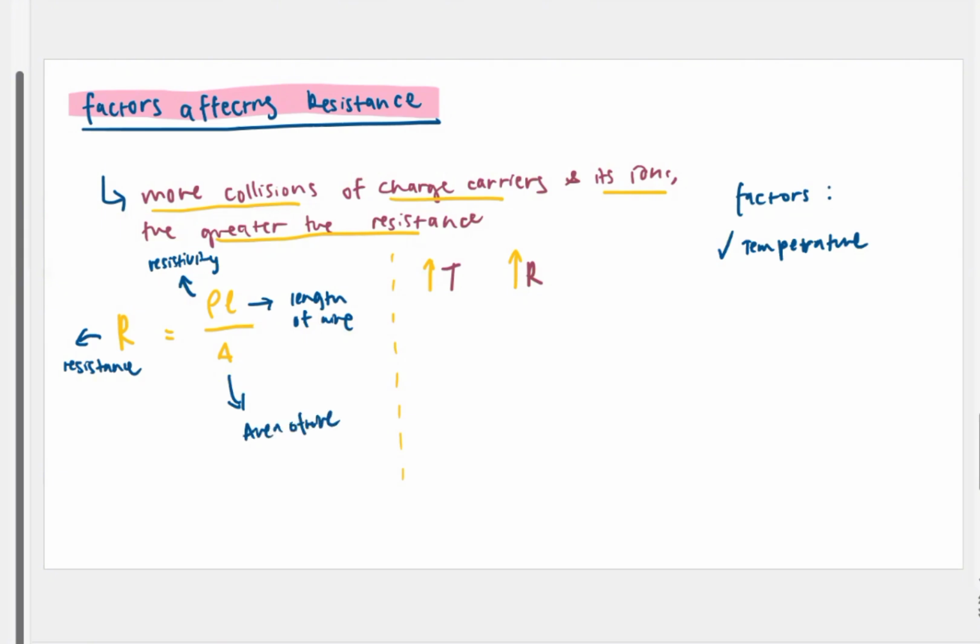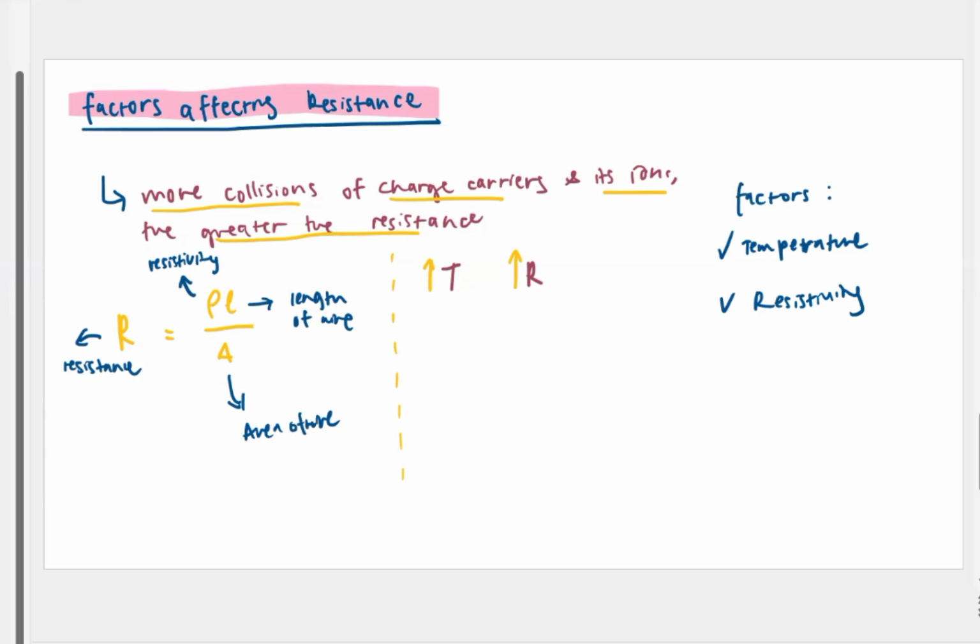So I could actually draw a graph to make it easier for you to understand, but I want to highlight how to use this equation to figure out which factors do what to the resistance. Okay, let's just draw it out, shall we? We first have temperature. Okay, that's done. Let's look at resistivity.